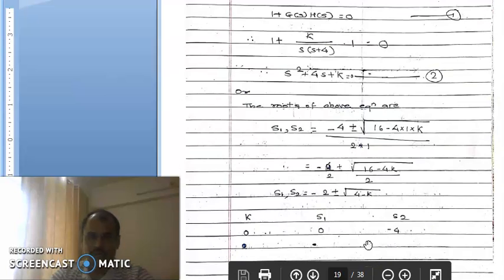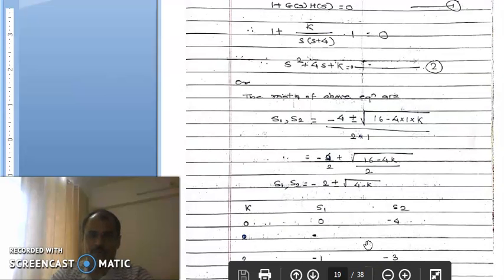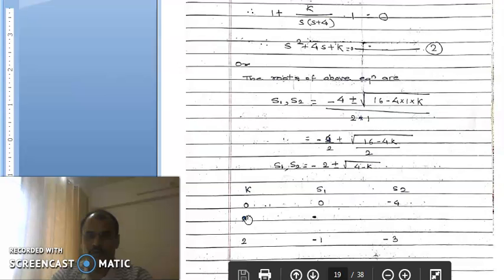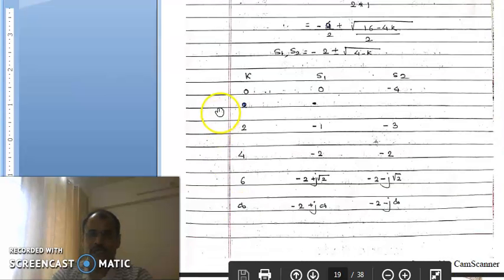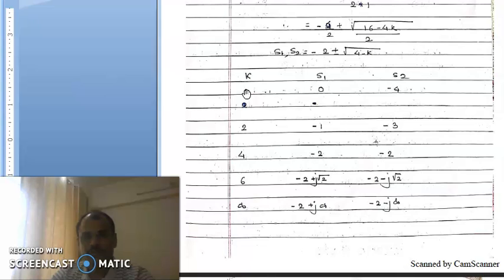Now, as discussed earlier, let us vary k. So when we start the calculations with k is equals to 0 in this equation, then we will have s1 root as 0 and s2 root as minus 4.